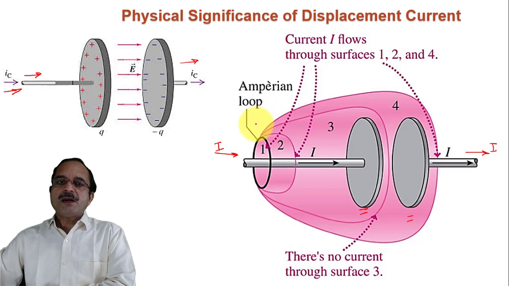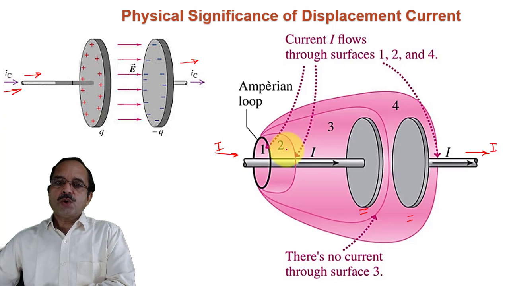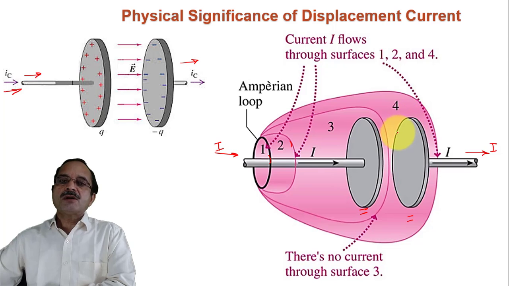Now as per the statement of Ampere's circuital law, the line integral over the closed loop is equal to the current passing through that surface. This is true for surface 1, surface 2, and for surface 4.